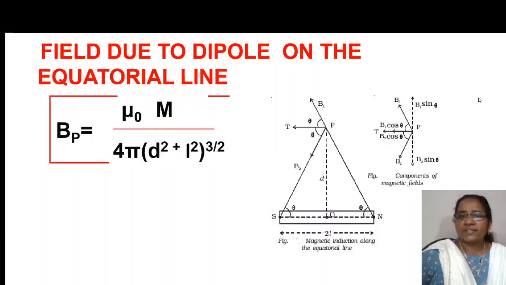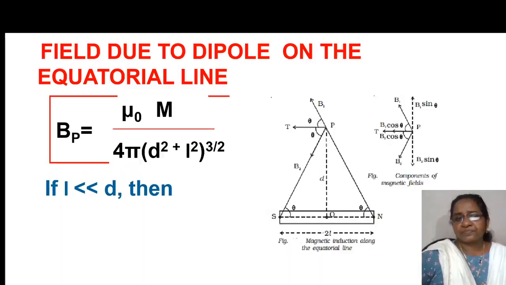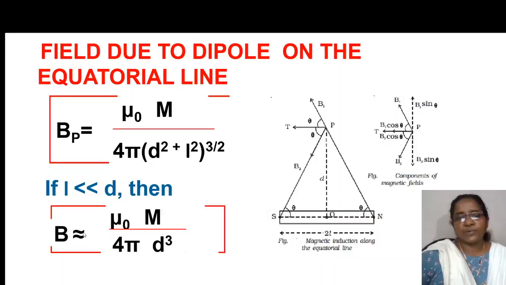We add these and get the expression mu 0 m by 4 pi into (d square plus l square) raised to 3 by 2. By approximating, that is, this distance is very much greater than the length of the magnet, we arrive at the expression mu 0 by 4 pi into m by d cube.